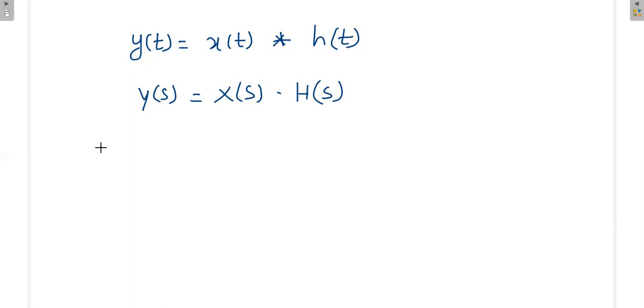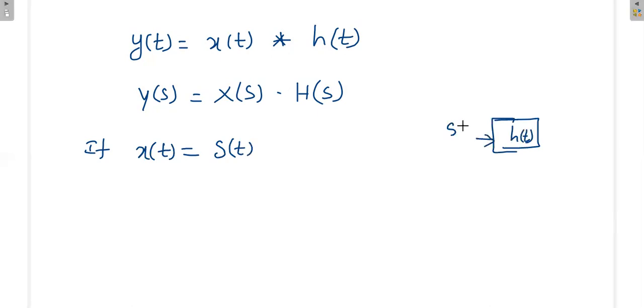Suppose x of t is equal to del t. For a particular system having h of t, we apply del t, an impulse, as the input. X of t could be any random input, but in this case x of t is equal to del t. Now what is the output for the input del t?